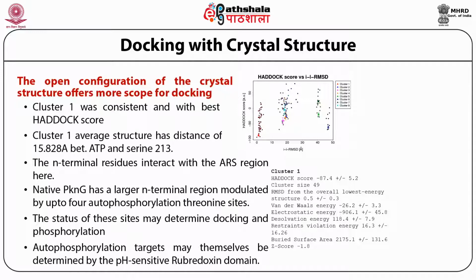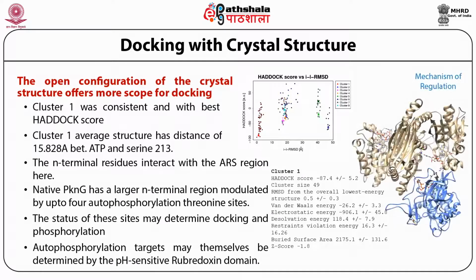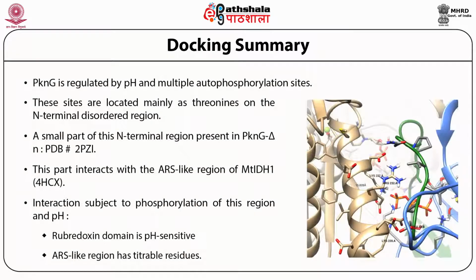There are several points to note here. In the same slide I show the picture of two of them. Now they are in the near neighborhood. Earlier it was 15 angstrom away from the structure in cluster 1, and now they are coming close to each other. In the docking summary, I depict the focus structure, and it is well understood how well the two proteins interact at the sites where phosphorylation happens.